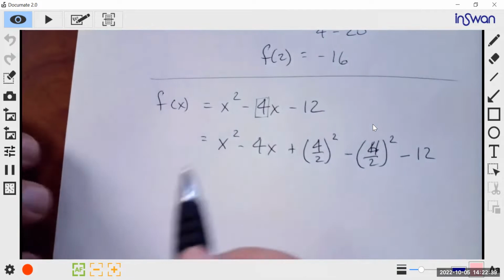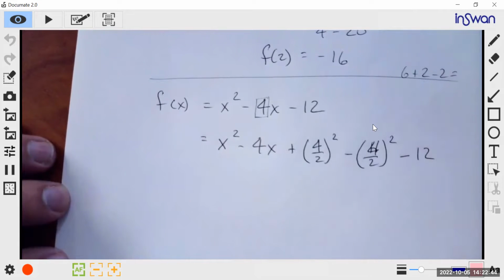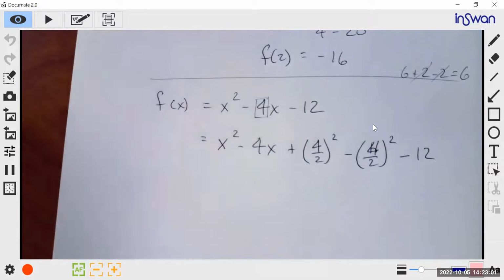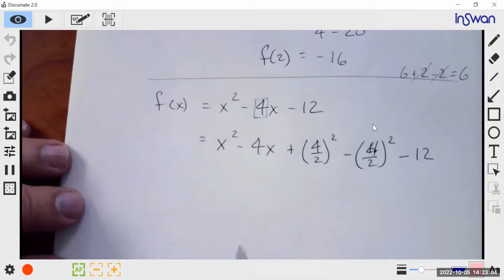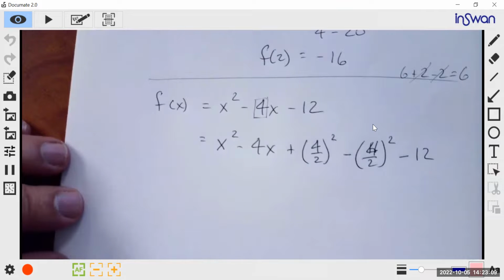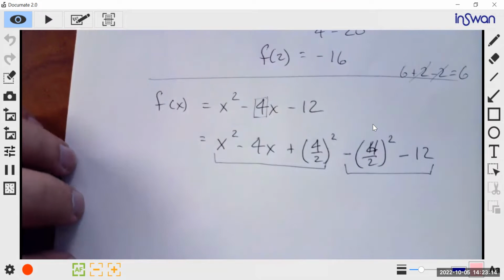If I have a number, let's say 6, and I add 2 and subtract 2, what do I end up with? My original equation. So whatever I add and subtract, I don't change the number. I cancel whatever I added. I just changed the way it looks. I didn't change the number. So since I added b over 2 squared here, I subtracted b over 2 squared. So these go together and these go together.